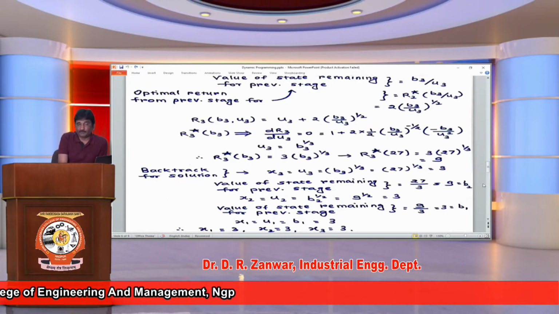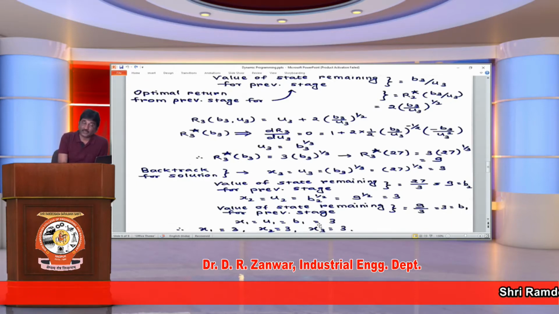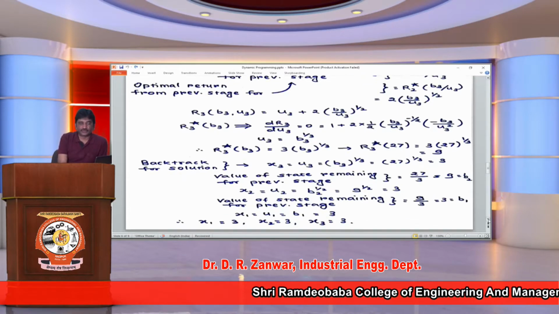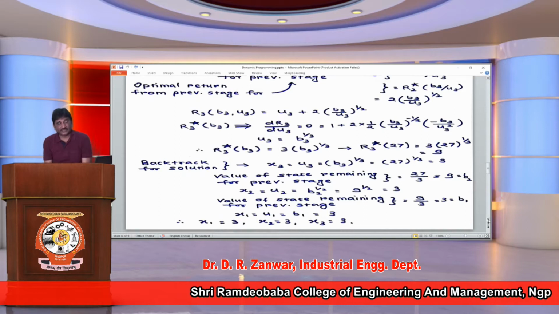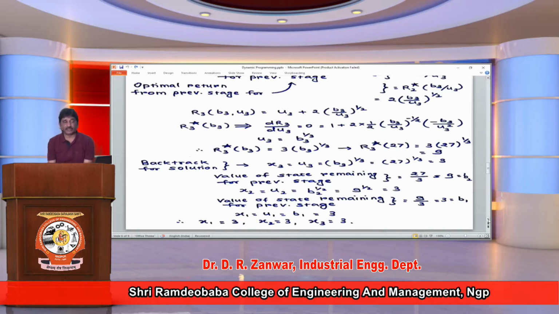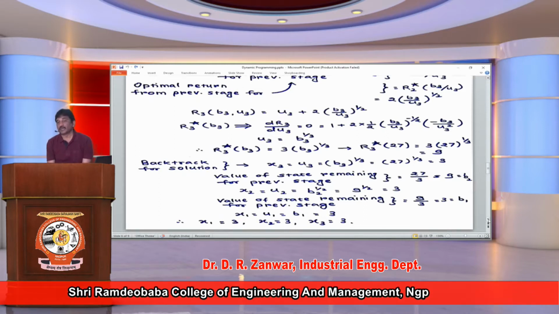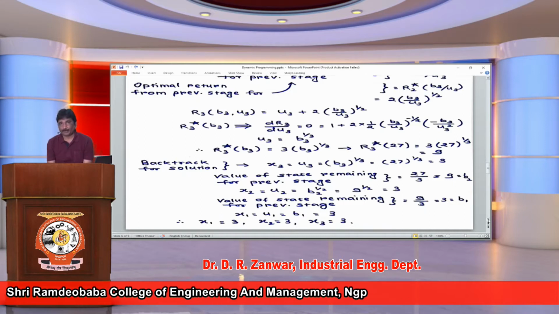B2 we knew was 9, u2 we have found 3, 9 by 3 is 3, that is equal to b1. In the first stage we have established that x1 is equal to u1 is equal to b1, which is equal to 3. Hence our solution to this problem is x1 is equal to 3, x2 is equal to 3, x3 is equal to 3.